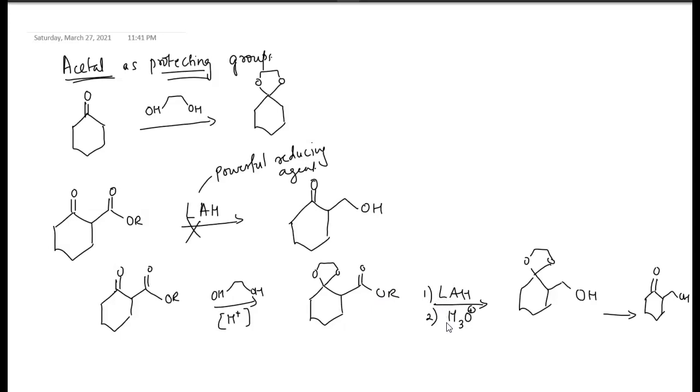You can do these two steps and complete the reaction, where not only will it change it into a primary alcohol, but at the same time it will bring it back to the ketone form. So keep this in mind: the function of making an acetal, or how we can use acetals as protecting groups.